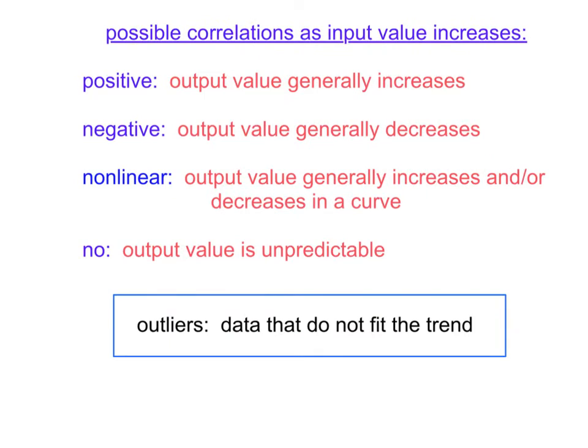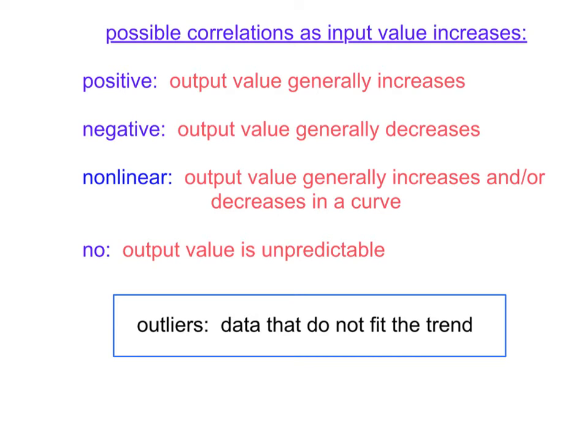As we look at a scatter plot and try to determine whether it's showing a positive, a negative, a nonlinear, or a no correlation, we may find some points on there that don't really fit the flow. They're points that seem like they're lost. They're not fitting in with the general direction of the other points.